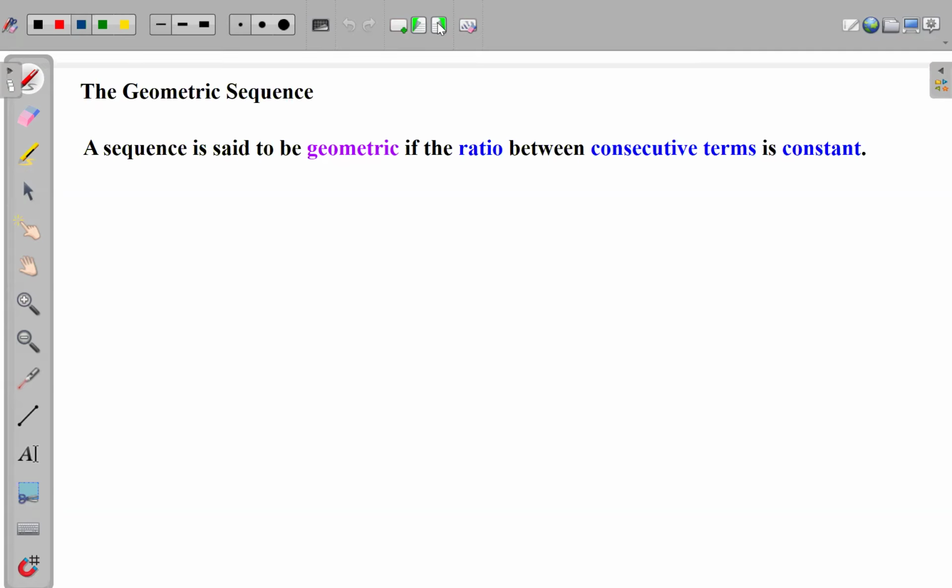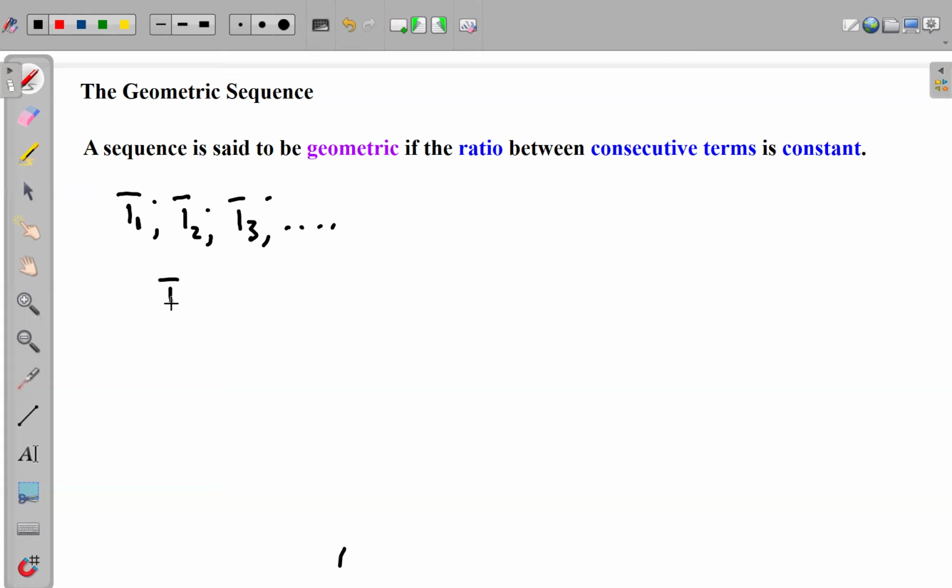So what does that mean? If I have a geometric series where I've got the first term, the second term, the third term, and so on, then I can conclude that this sequence is geometric if the following is true.